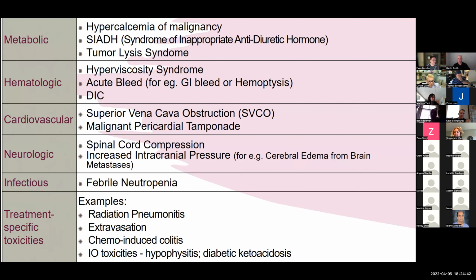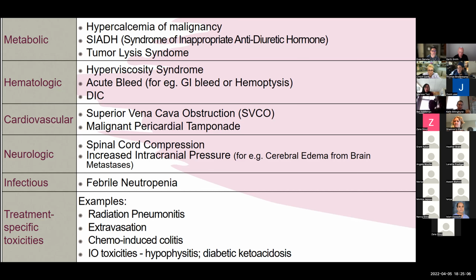What I'm going to do is walk us through the different types of oncologic emergencies. I'm going to have a couple of cases to illustrate. I'm going to be pretty quick going over the first categories because I want to spend more time on the treatment-specific toxicities, especially with these new drugs that we're using, where a lot of times you haven't got a clue what they are or what they're doing because they've got these weird names.